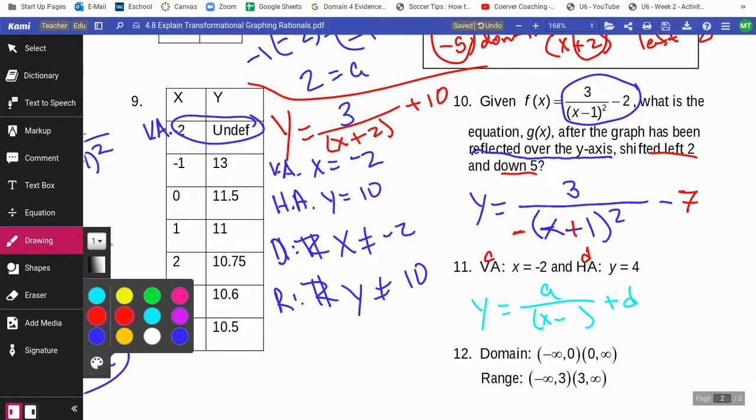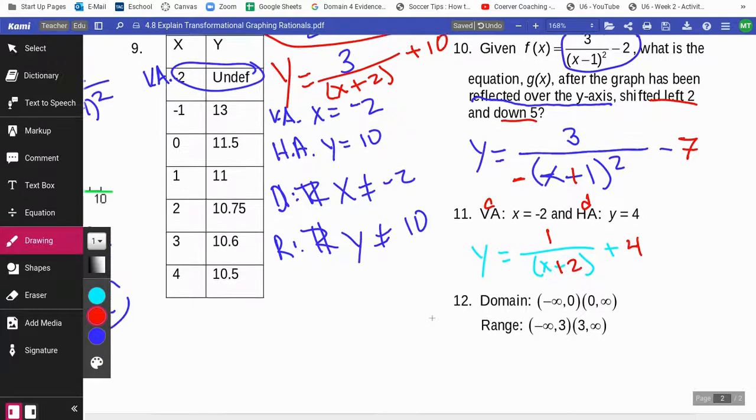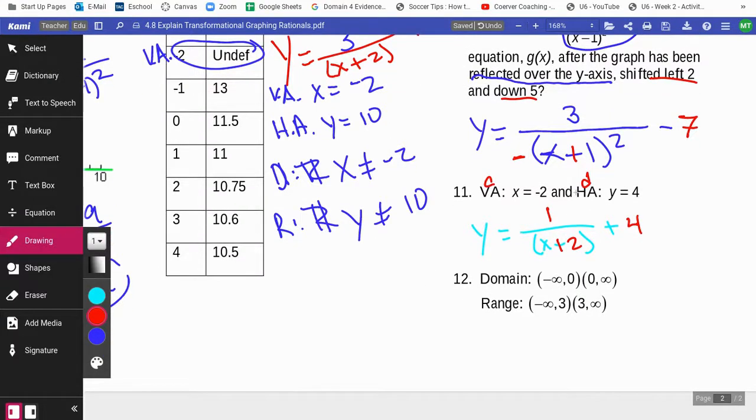So x minus a negative 2 becomes a plus 2. And then I erase the D value. It's a positive 4, so I leave it as a positive 4. Since we don't have a point to plug in, we'll just assume the A value is a 1. And that's my final equation for the HA of those two.